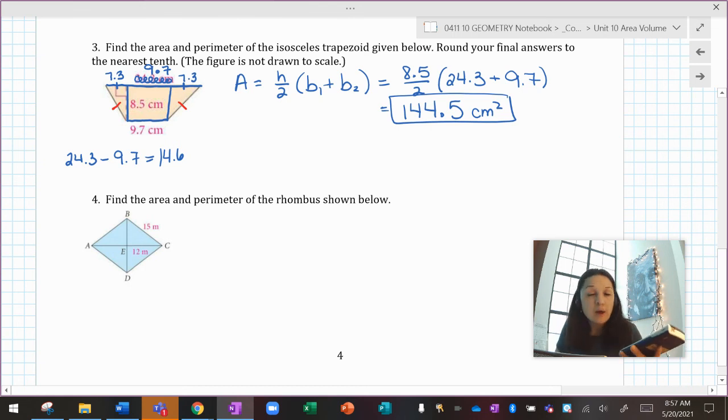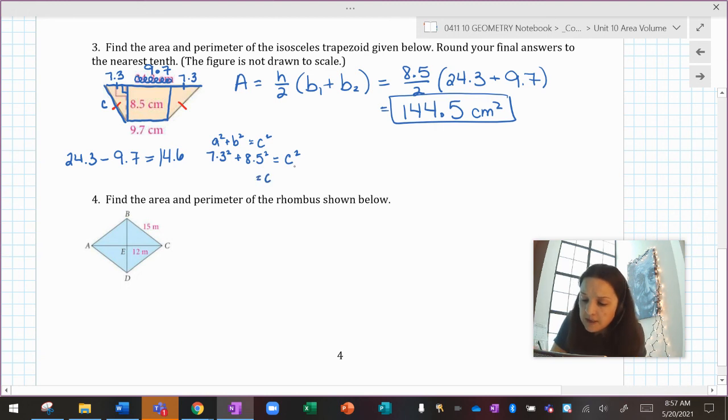Okay. How does that help? It helps because now I have a right triangle. So I can find this side by doing a squared plus b squared equals c squared, which is 7.3 squared plus 8.5 squared equals c squared. And then if you go through that and solve for c, trust me, you're going to get 11.2.